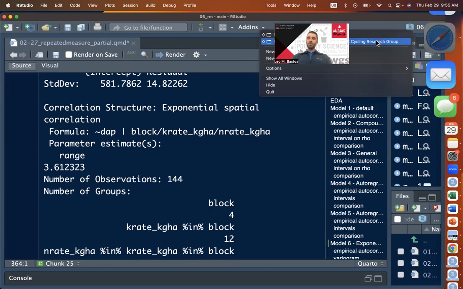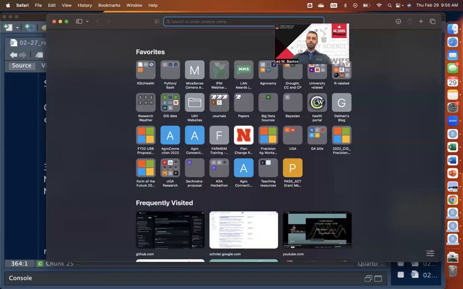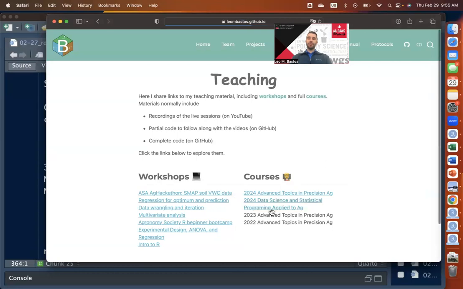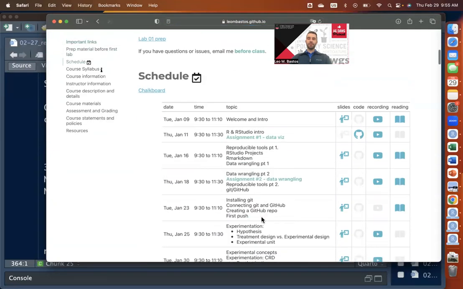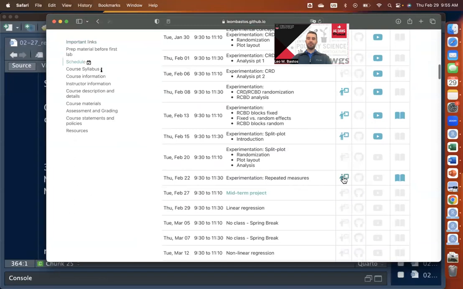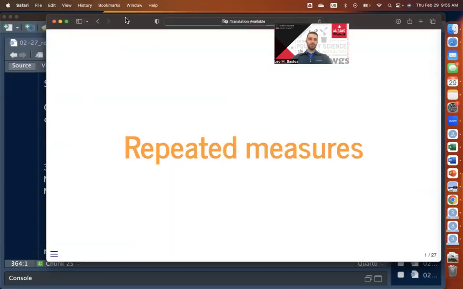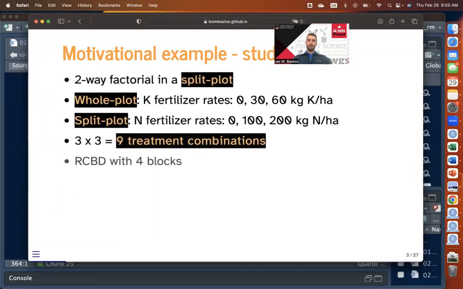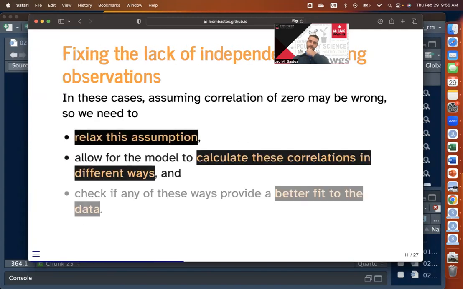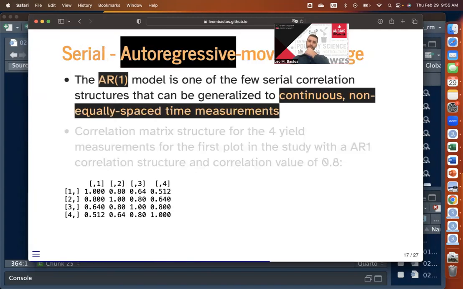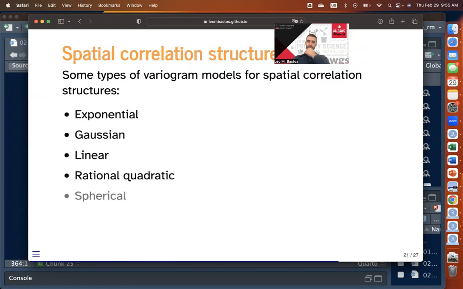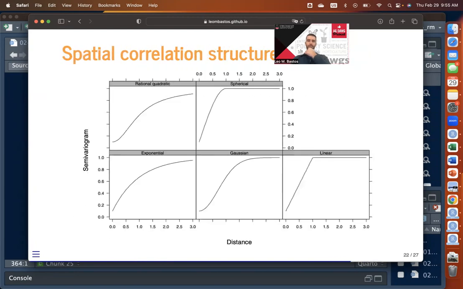Before we do that, I do want to show you again the lecture, because I think it may be easier for us to visualize what this range means if we go back and look at the slides. Okay, right here.